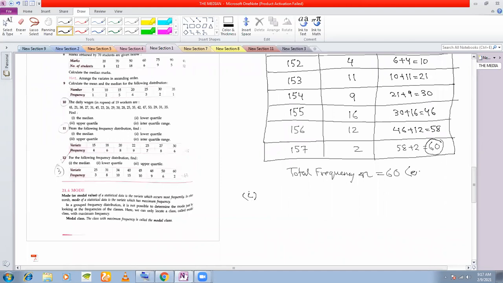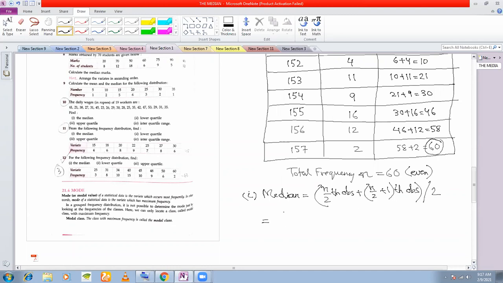Let's say this is even, although even or not does not matter for quartiles. Even for median it does not matter, but for starters we'll take it as even or odd. So median here is, since it is even, we shall take n by 2th observation plus n by 2 plus 1th observation divided by 2.